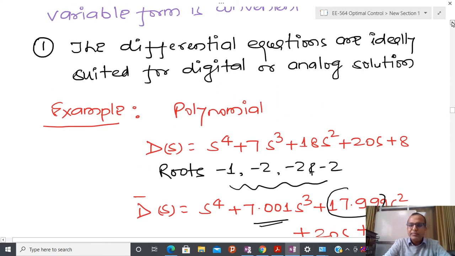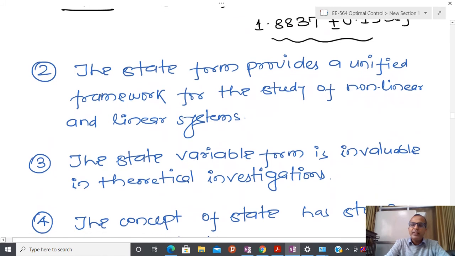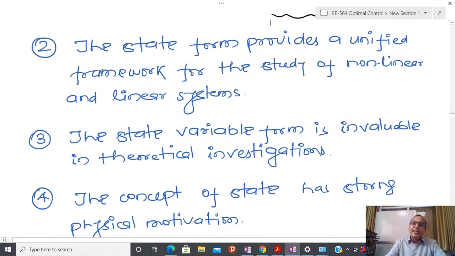Whenever I have something in the frequency domain, represented by some kind of polynomial, first people convert that into a differential equation. To solve a differential equation, we have several excellent algorithms available in software, or I can use several different numerical techniques. For that reason, from an implementation point of view, people prefer the state space representation.